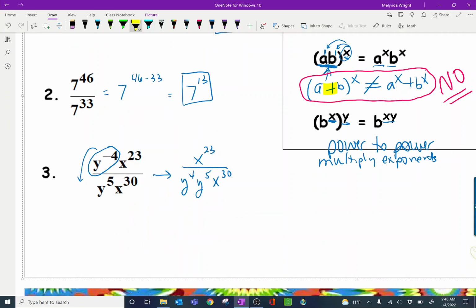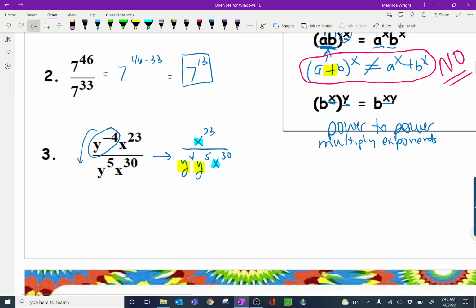We can see that these bases are the same, so I can bring those together, and these bases are the same, so I'll bring those together. Let's do the y's first. Those are easier. You can do them all at once if you want. So we add, 4 plus 5 is 9. So this would be y to the 9th, x to the 30th.